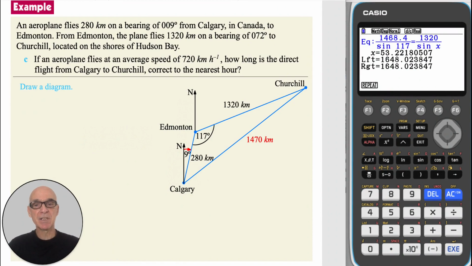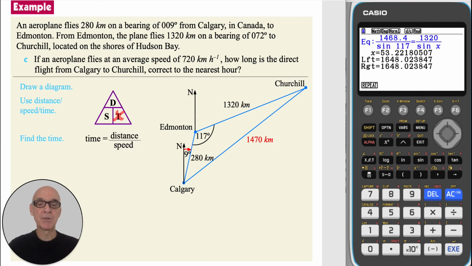In part C, to find how long the direct flight from Calgary to Churchill is, use the distance, speed, time triangle. To find the time, if you cover up t in the triangle, it will remind you that time is equal to distance divided by speed.